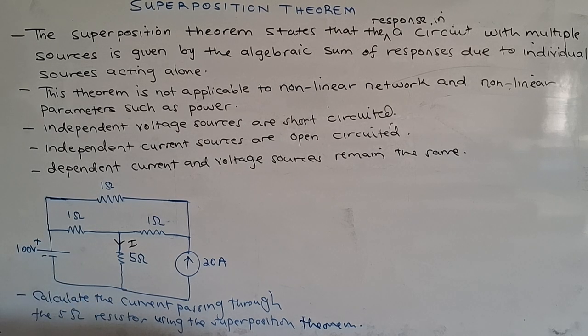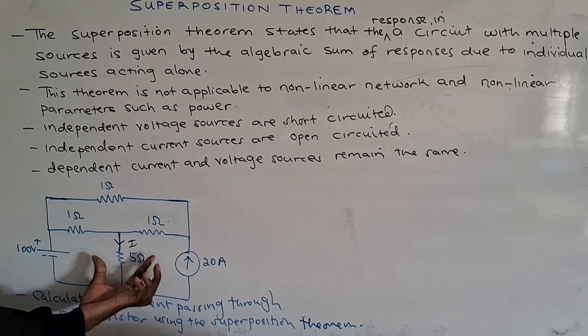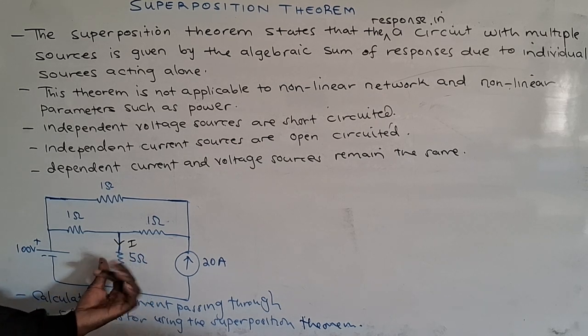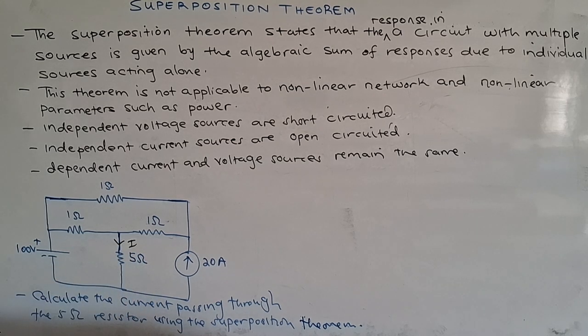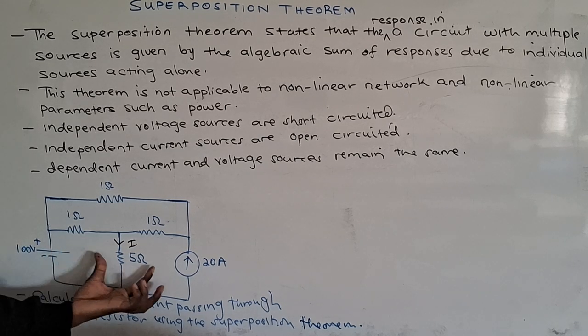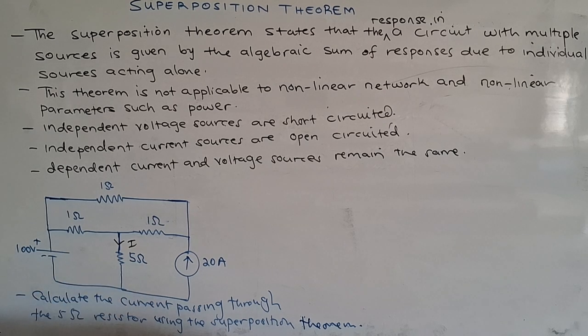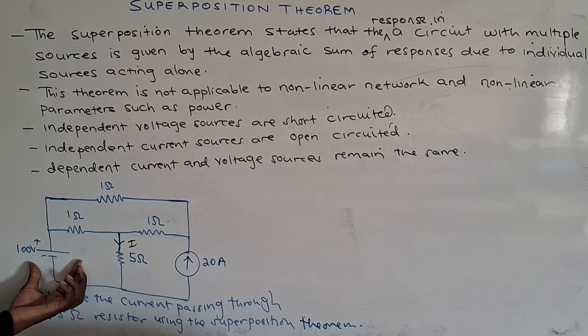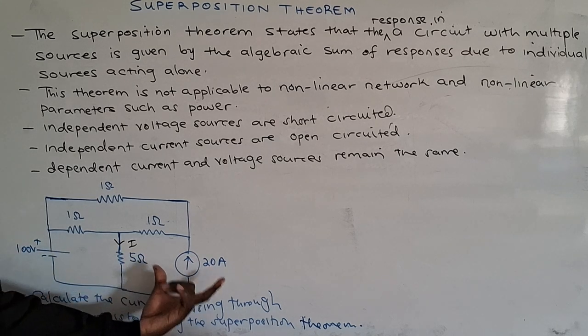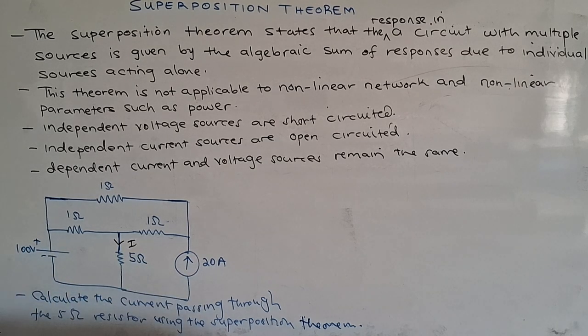So in order for you to find out the total current passing through this 5 ohm resistor, what are you supposed to do? It means you are supposed to say the current from the 100 volt voltage supply plus the current from the 20 amp current source.